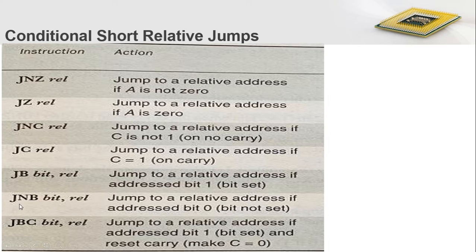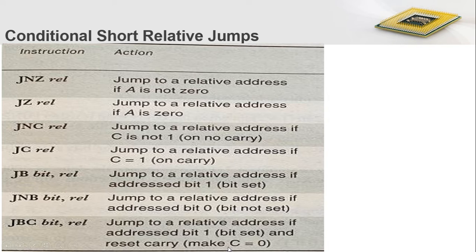This one is just the opposite, that is jump not bit. That means if the given bit address position has a value 0, then it performs a relative jump to the given relative address here. This one, JBC bit comma relative address, means jump to a relative address if the addressed bit is in set form and reset carry.